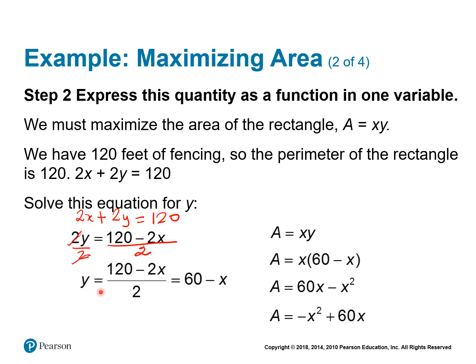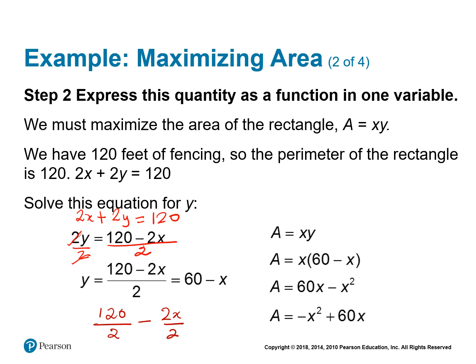So y equals 120 minus 2x divided by 2, which when we simplify becomes 60 minus x. Remember, this has a common denominator. When you are simplifying, you have to distribute the common denominator and then simplify. So it's 120 divided by 2 minus 2x divided by 2.